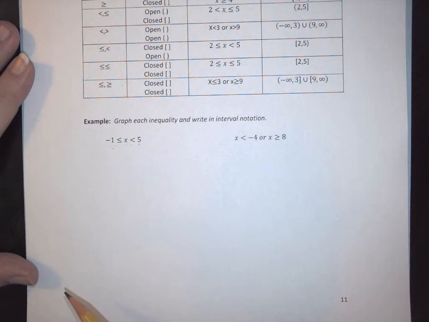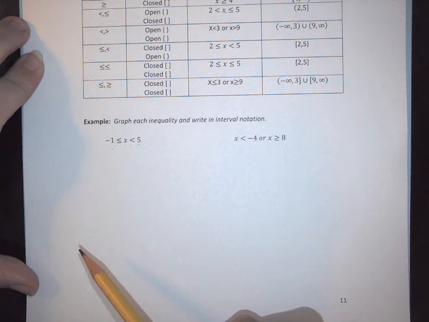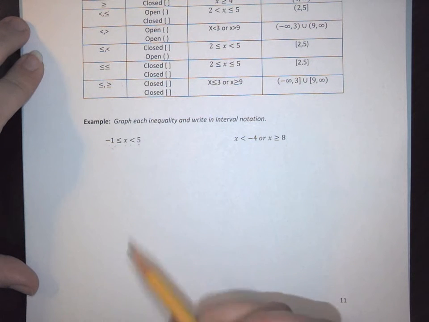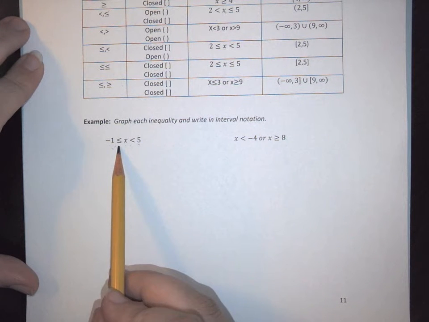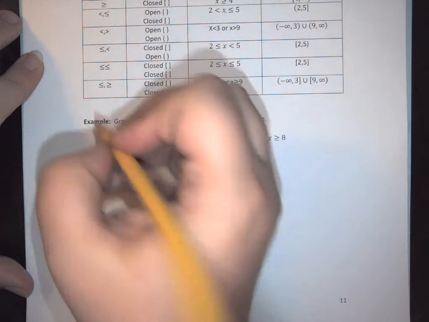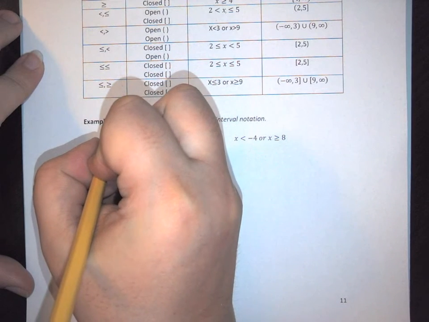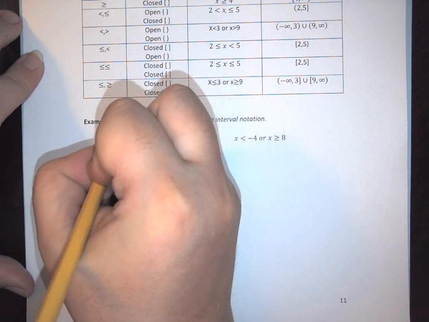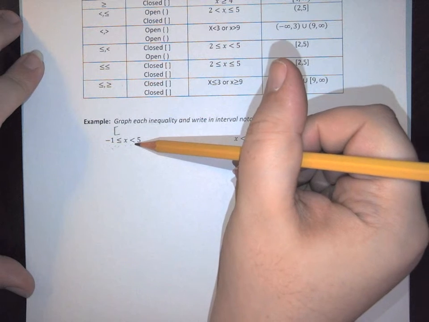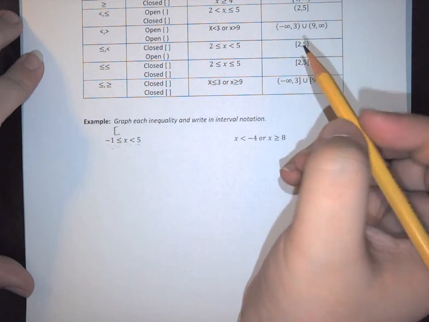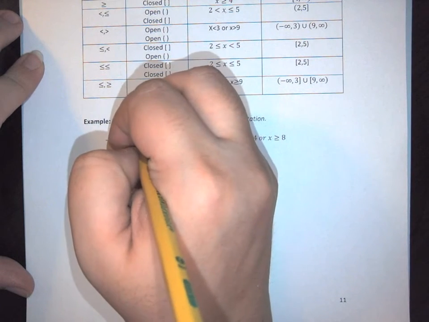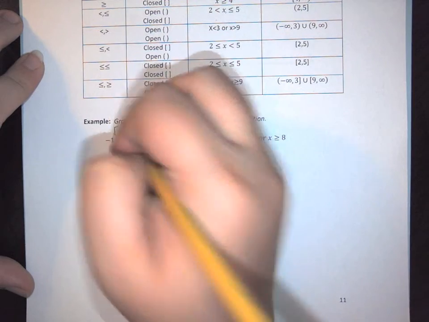So the first thing that you need to keep in mind is that I have a less than or equal to, which automatically means that I have a bracket, and then I have a less than, there's no equal to there, which automatically means I have a parenthesis.